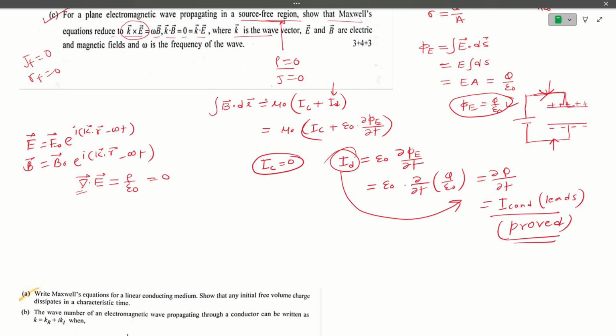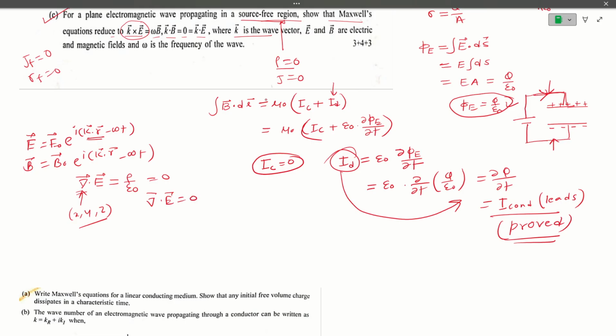Divergence is a differential operator, it differentiates another vector, and depends on a function of position only, x y z. If we operate this divergence operator on the electric field, it affects only the position coordinate of that field, which is k dot r. So we get divergence E equals 0.